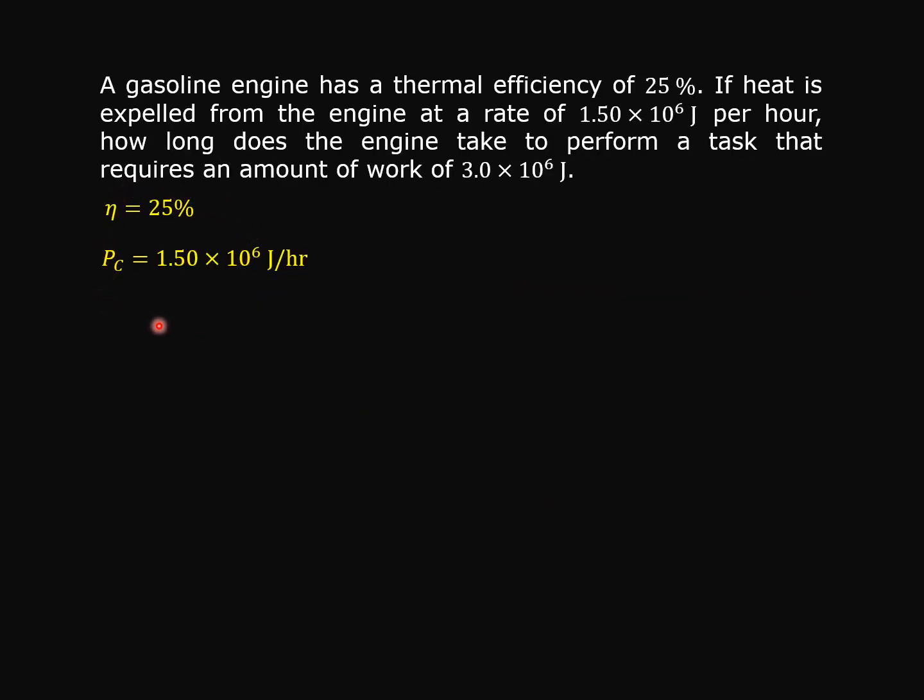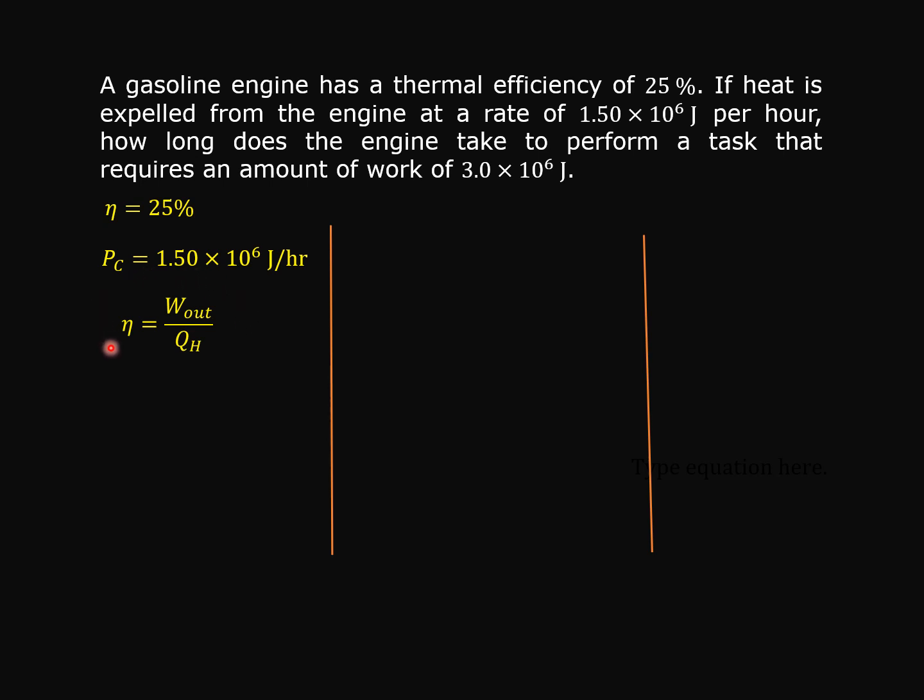We first list out the information that we can get from the question, which we will use to solve the problem later. The first one is the efficiency of the gasoline engine, eta equal to 25%. And the second is the amount of heat that flows to the low temperature reservoir every hour, which is 1.5 times 10 to the power of 6 joule per hour.